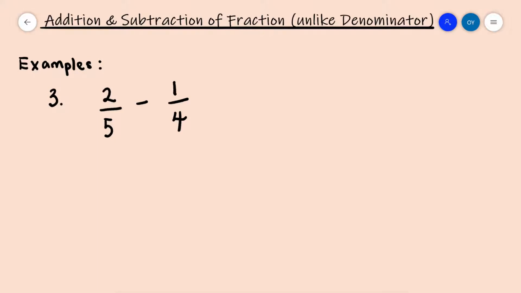So here is another example, 2 over 5 minus 1 over 4. The LCD here is 20. So we want to multiply 2 over 5 by 4 and 1 over 4 by 5.